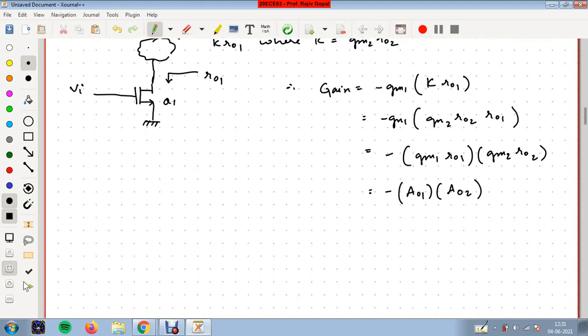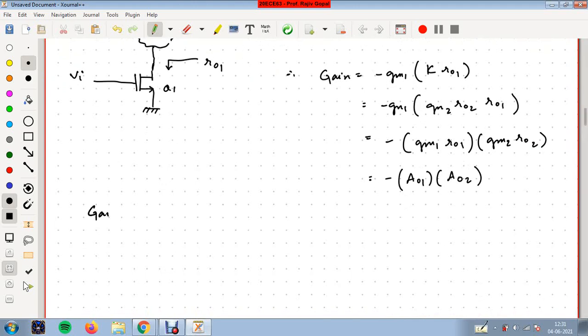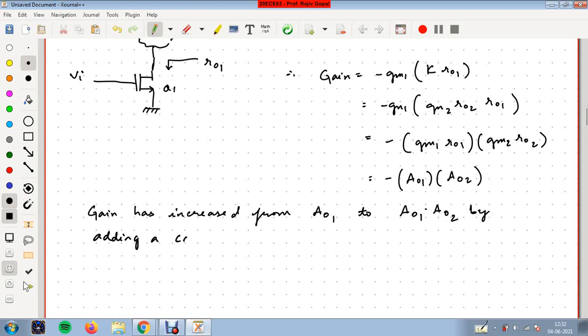So the summary statement here is gain has increased from A01 to A01 times A02 by adding a cascode transistor. Okay, so this is actually the common gate transistor, right?